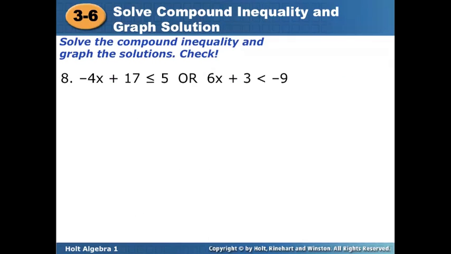Example number 8. Copy this to your notebook paper and pause the video to work it on your own. Let's check your answers. We have -4x plus 17 is less than or equal to 5, or 6x plus 3 is less than -9. This is an OR compound inequality.